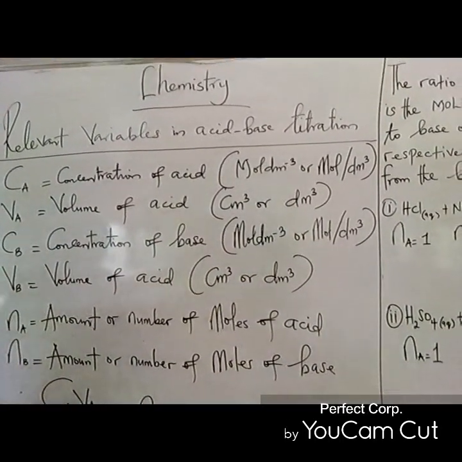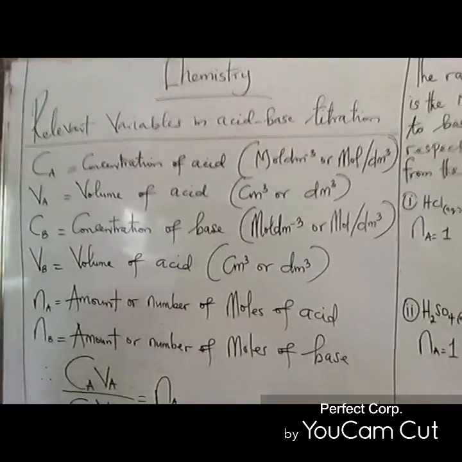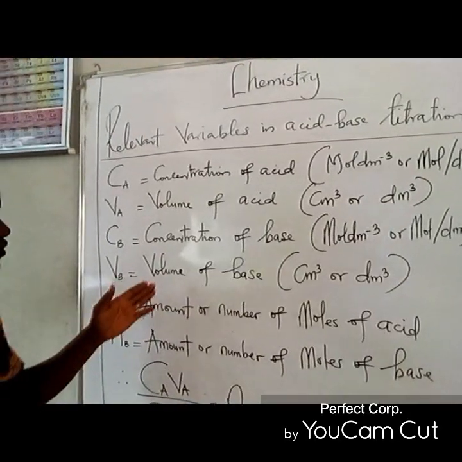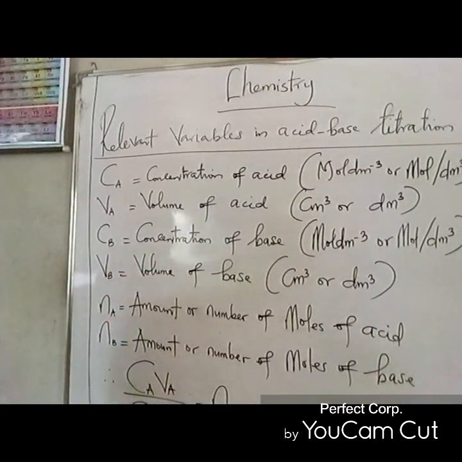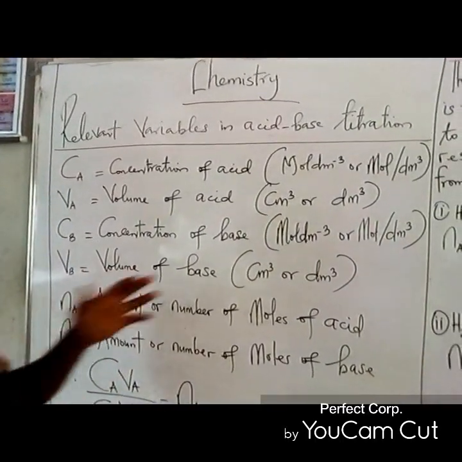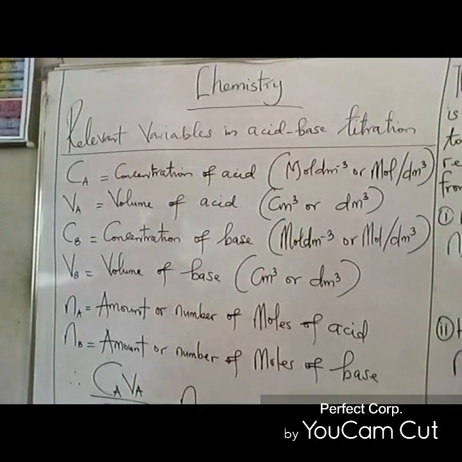Vb is volume of base, and the unit of Vb is cubic centimeter or cubic decimeter.